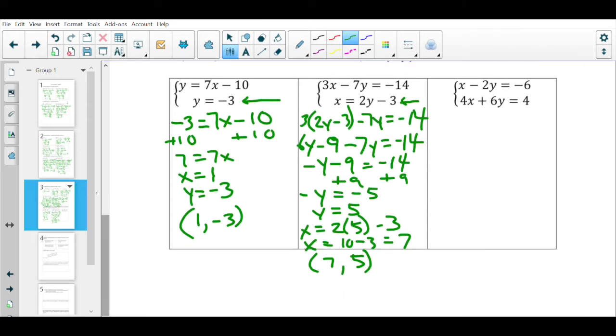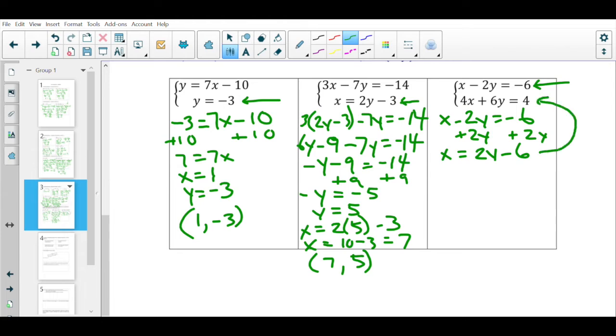This one, we have to do a bit of rearranging, to make your life easy. Let's rearrange that one. That's x minus 2y equals -6. We can add 2y to both sides, and we get x equals 2y minus 6. So take that and plug it back into there.